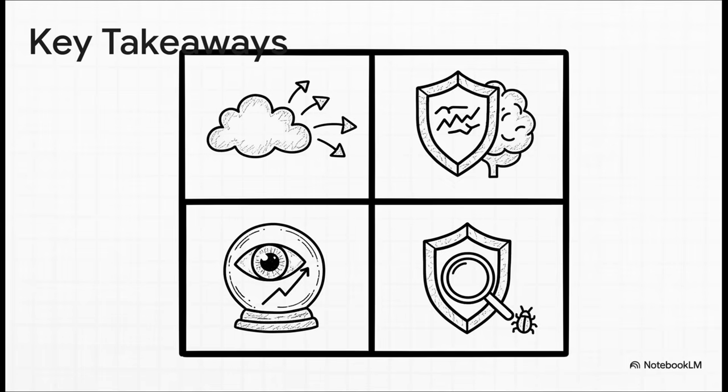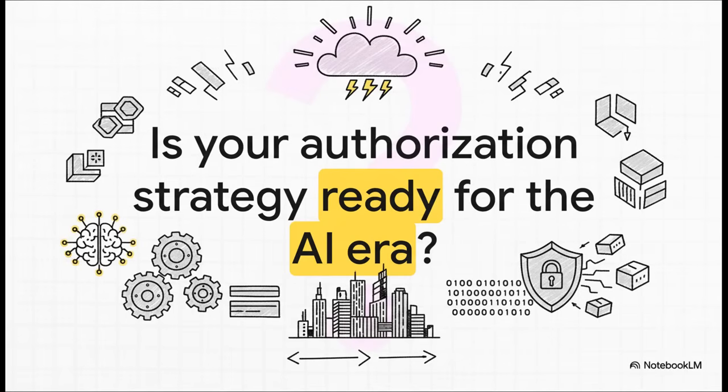And finally, advanced threat detection that is always on, actively protecting your most important stuff. And that all brings us to the final question, the one I want you to take back to your team. When you really look at the complexity of AI, of microservices, of everything that's coming, is your current security strategy actually ready for the AI era? Because that future, it's already here.